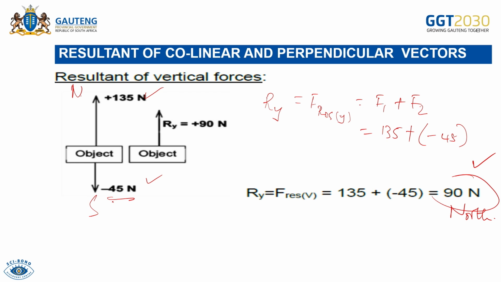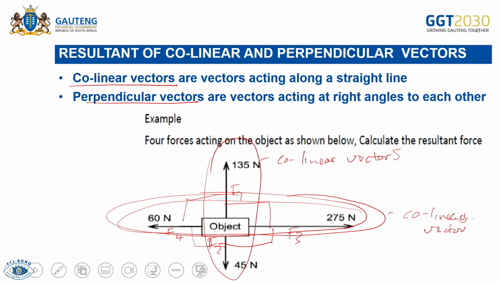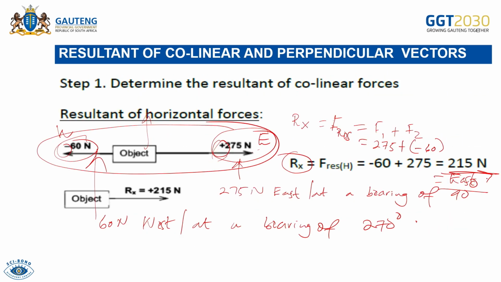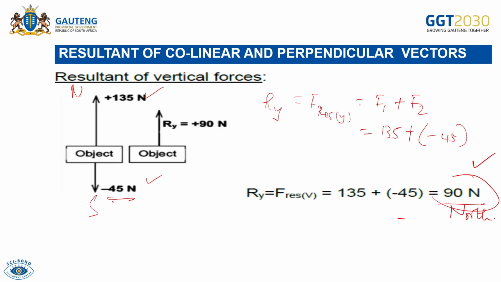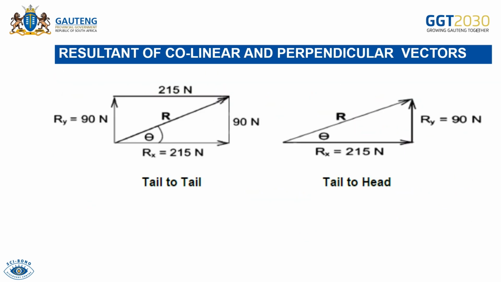Okay. Then from there, now we are left with how many forces? Two. We are left with 90 newtons north and also this one, 250 newtons in which direction? East. So we are left with 90 newtons north. You're also left with Rx, which is the resultant of horizontal forces, which is 215.